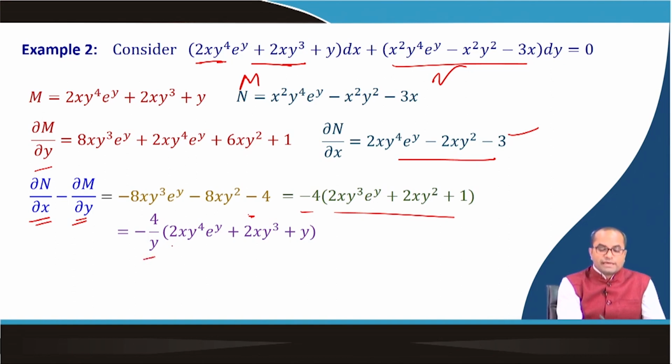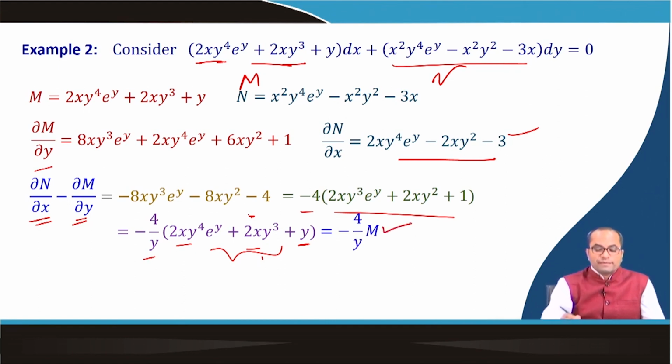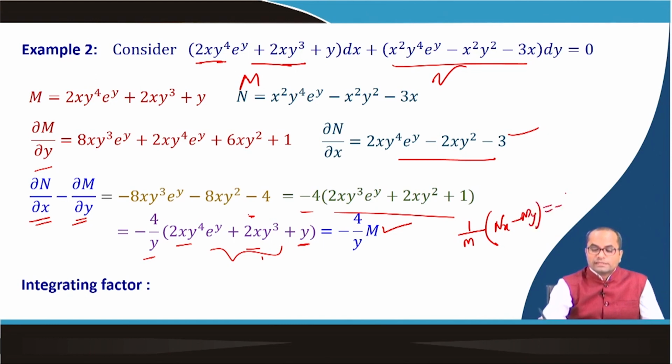So, here we will be having 2xy^4, 2xy^3, and then y there, which is nothing but M there. So, what we have here is -4/y M, that means (1/M)(N_x - M_y) is equal to -4/y, a function of y alone.